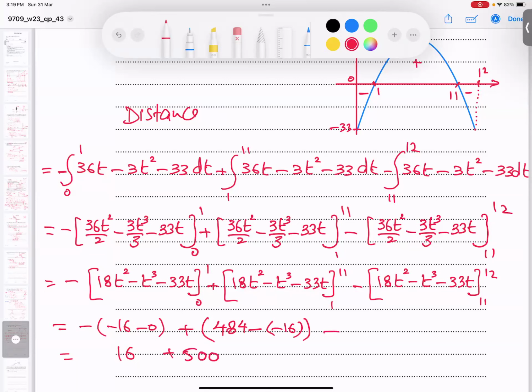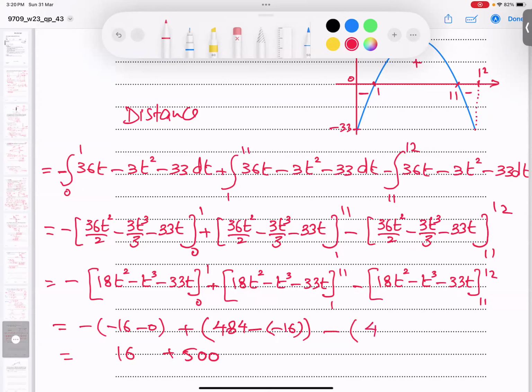Okay, this one, what is it? If we check it, 12 and minus 11. When I plug in 11, I got 484. And 12, I'm plugging here first 12 and then 11: 18 times 2, 12 to power 2, minus 12 to power 3, and minus 33 into 12.